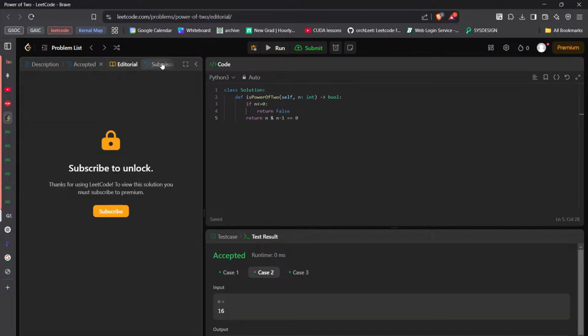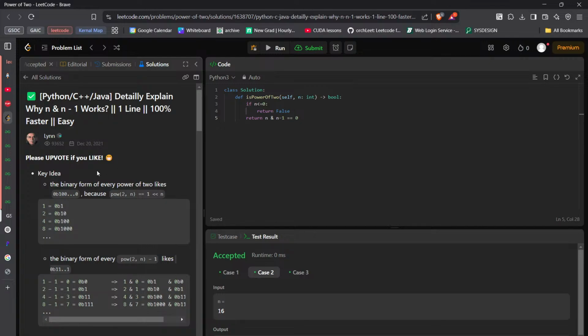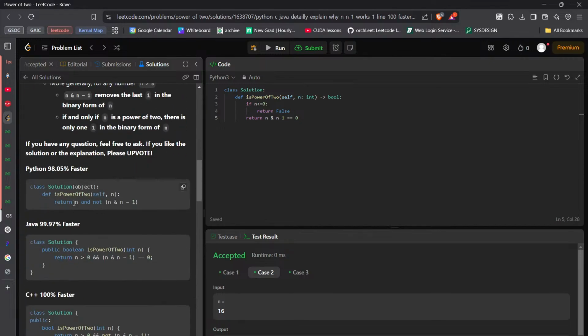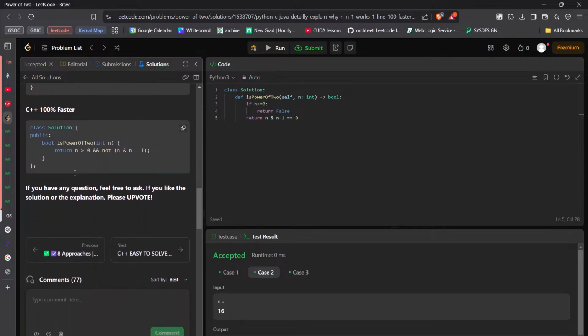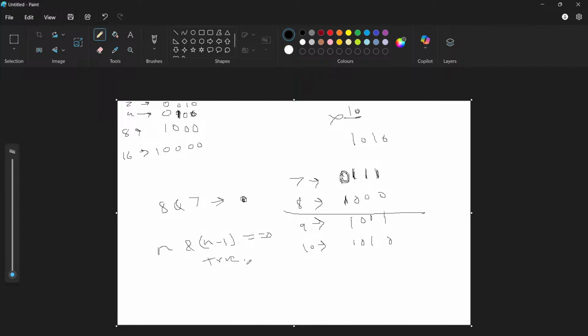Now let's see the editorial. Nice. So this is the logic behind this problem, n and n minus 1.